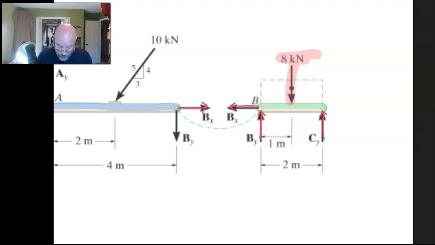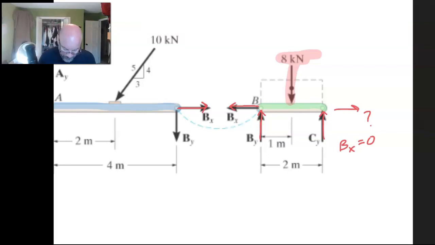But look what we learned right away. On our green piece, there's no force back to the right, and so that tells us that BX is going to have to be 0. That's good to know. So all we're going to get out of this guy is CY and BY.